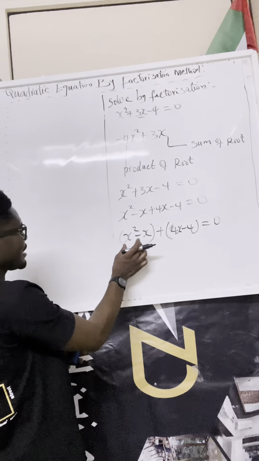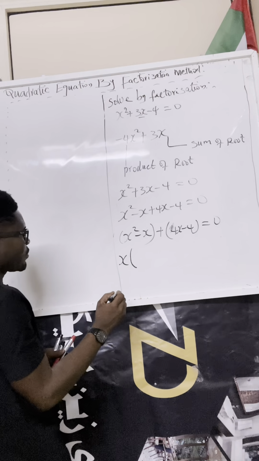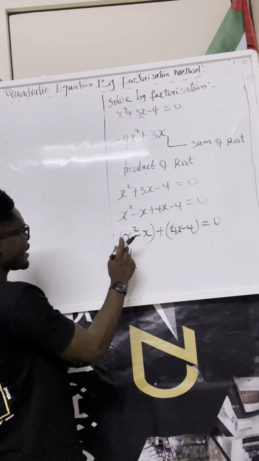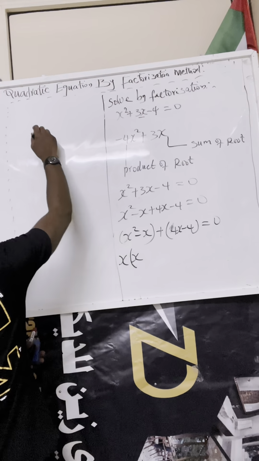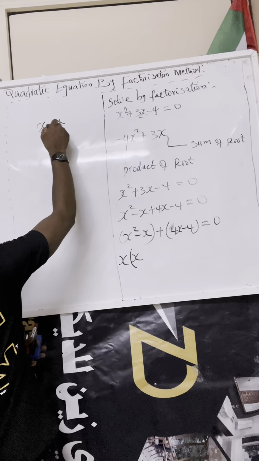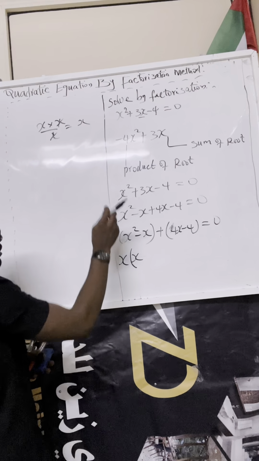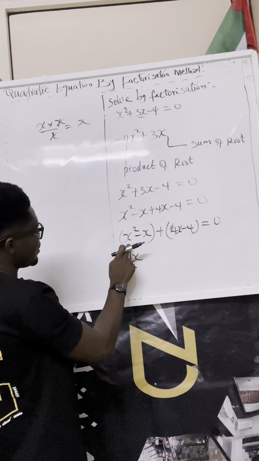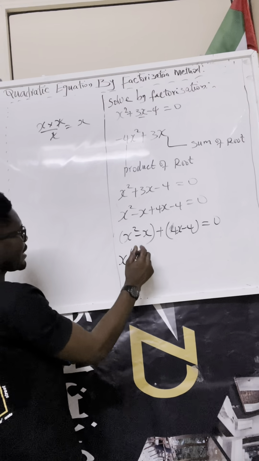In this bracket, what is common is x. Open bracket: x squared divided by x, I have x, and minus x divided by x, I have 1.